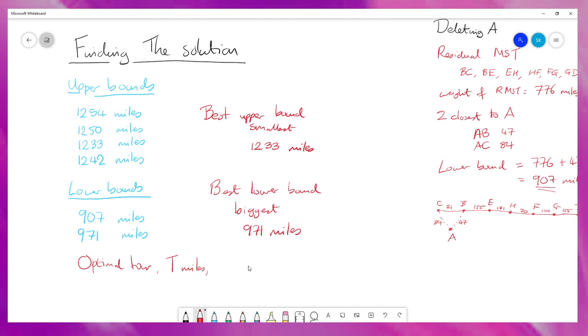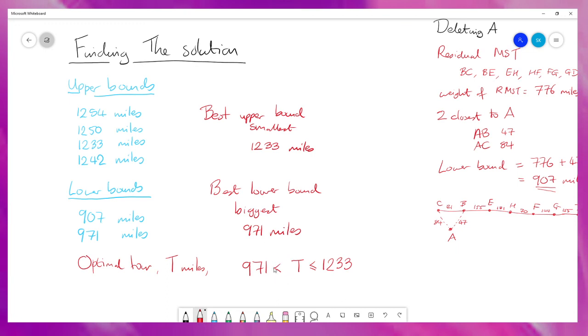must be in the interval 971 to 1,233 miles. Key thing here is this lower inequality. We've shown that the best lower bound is 971 miles, but we've proved that T can't be that because that lower bound didn't find a tour.